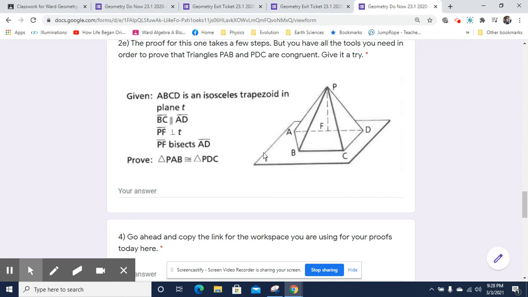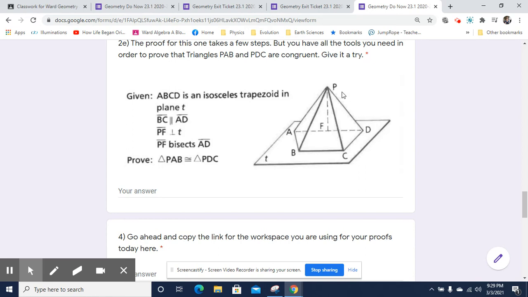And we're trying to prove triangle PAB and triangle PDC are congruent. Well, to do that, it would help to have this side and this side congruent. It's going to be hard to get the angles for these. So side is probably going to be our better bet. So we're going to have to start by figuring out these sides.